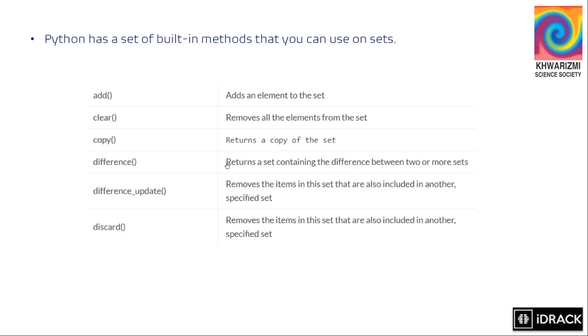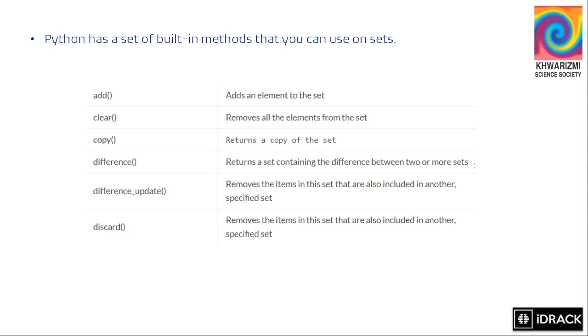And then there's, which we're going to look at in a little more detail later on as well, difference and difference update. So difference essentially returns a set containing the difference between two or more sets. It takes in two or more sets as arguments, and we're going to see the example of two sets, and it returns the difference between the sets. They may have similar values, some of them, and some may be different.